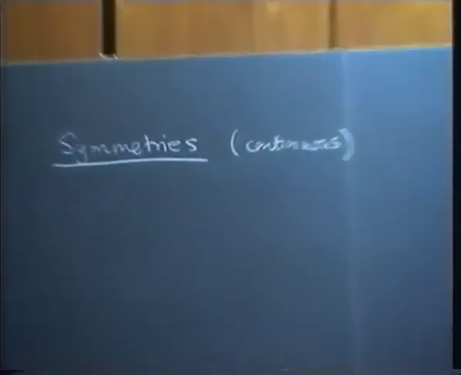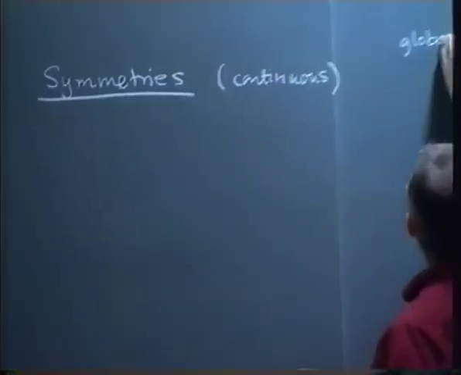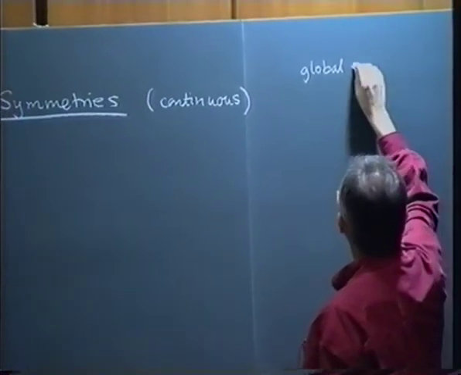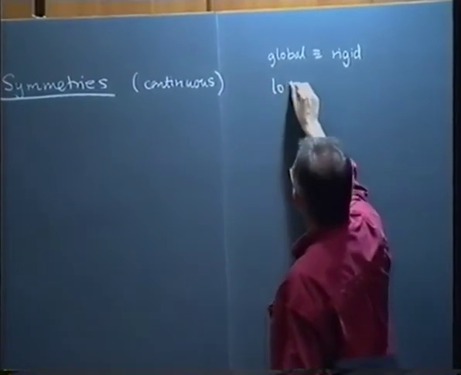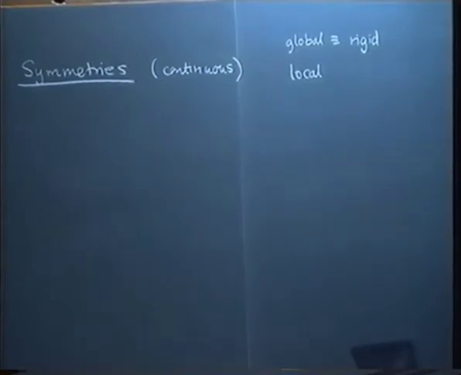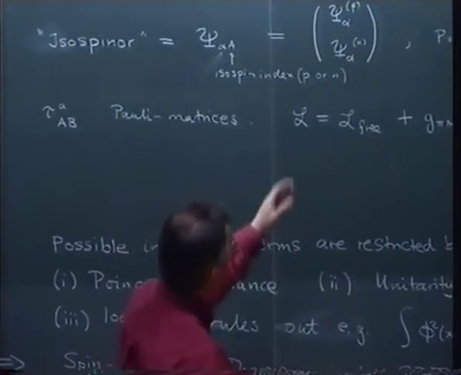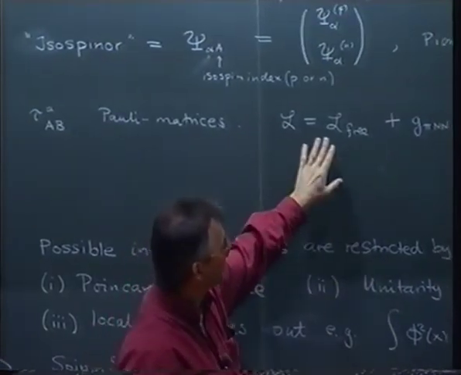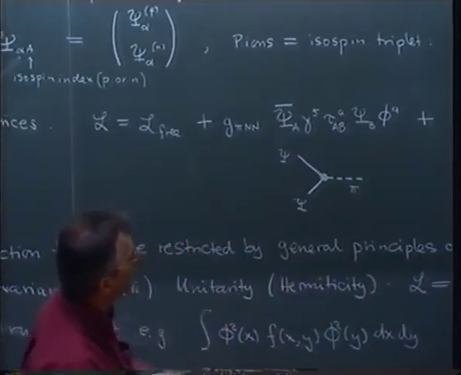These symmetries come in two varieties: so-called global, or a better word is rigid symmetries, or local. A global symmetry is a symmetry like isospin symmetry that acts independently of the space-time point. So, for example, this model is rigidly symmetric with respect to isospin SU(2) symmetry.